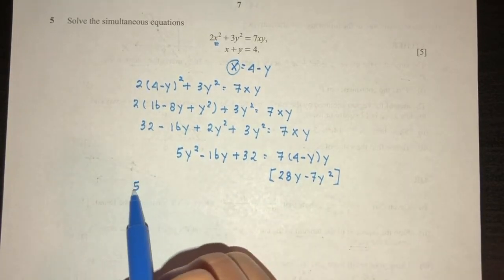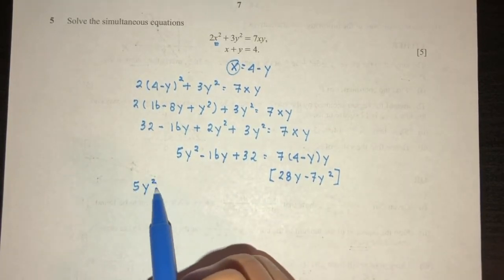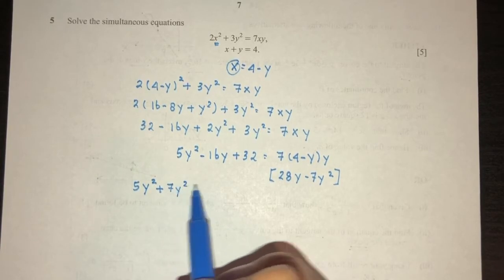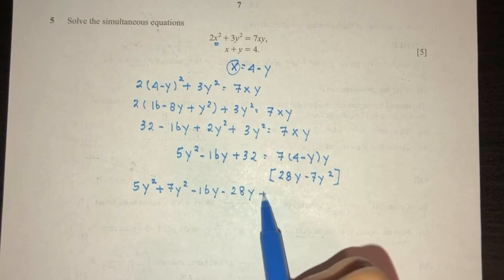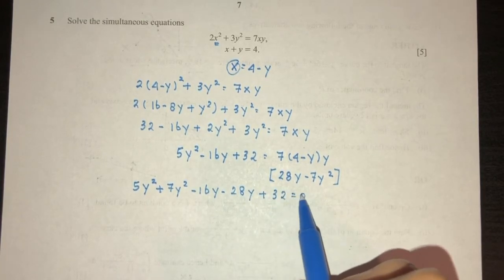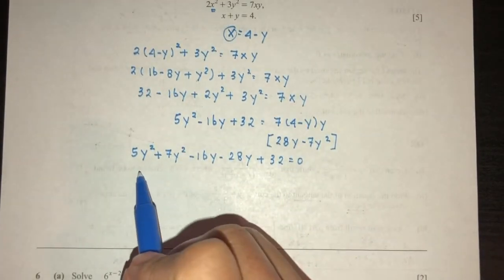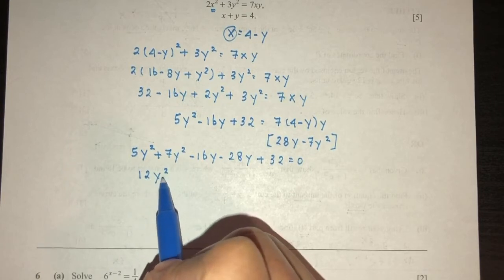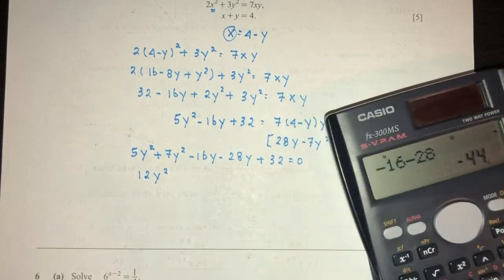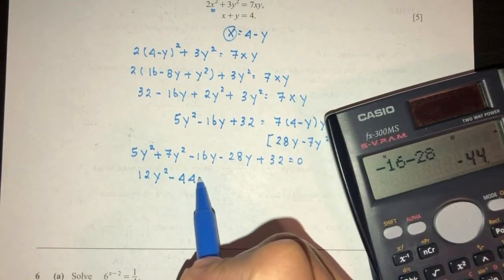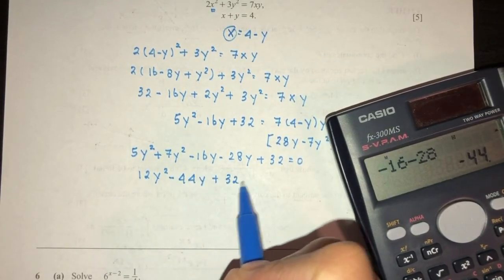You will have 5y square plus 7y square minus 16y minus 28y plus 32 equal to 0. So 5 plus 7 will be 12y square, and minus 16 minus 28 will become minus 44y, plus 32.